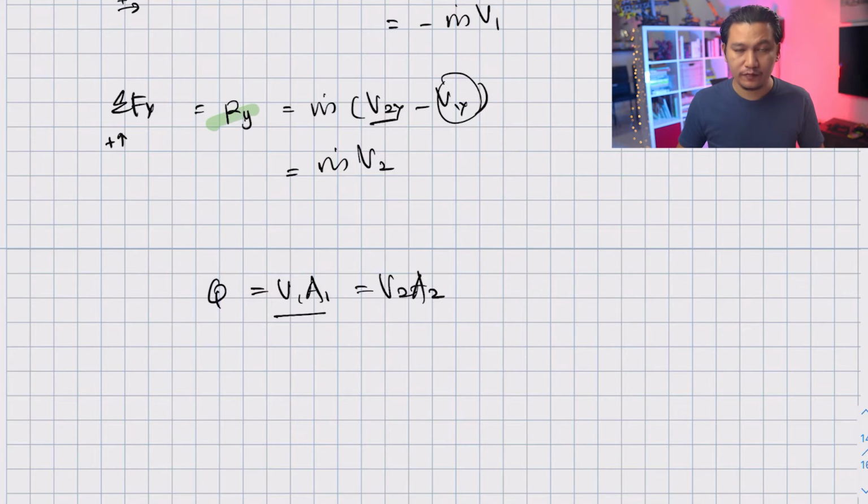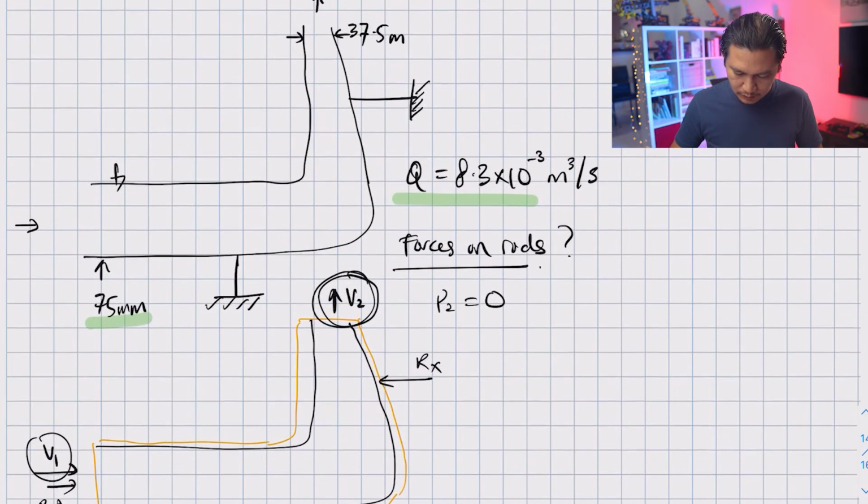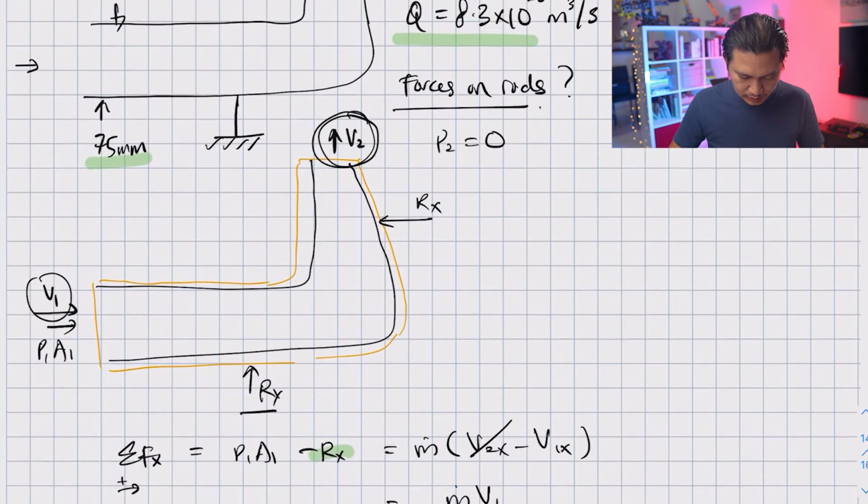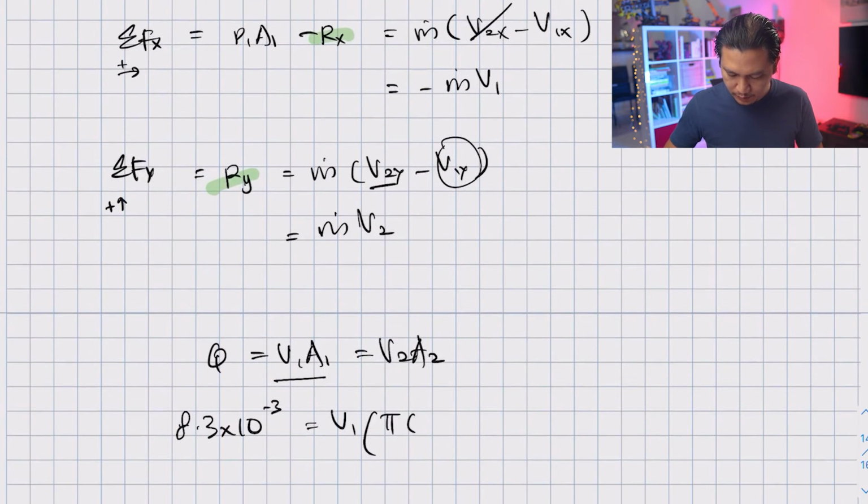Let's deal with inlet first. This is V1A1. So Q is 8.3 times 10 to the power of minus 3 equal to V1 times A1. A1 is pi, what is our radius? This is our diameter, 75 millimeter.